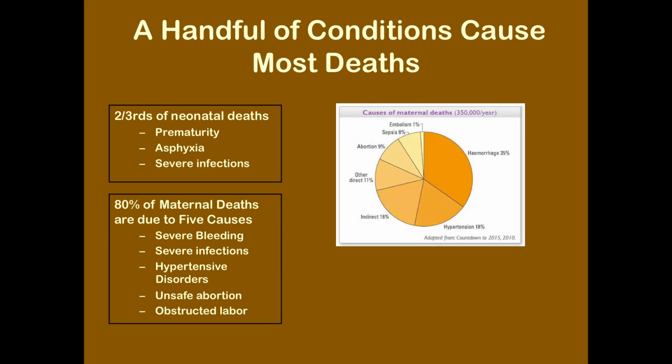Similarly, about 80% of maternal deaths are caused by just 5 direct causes: severe bleeding or postpartum hemorrhage, severe infections, hypertensive disorders of pregnancy, unsafe abortion, and obstructed labor. I think it's extremely important that we focus on these causes of death in these 2 age groups, simply because unlike improving child survival, improving maternal and neonatal survival is not something that is immediately amenable to low-tech, low-resource, low-skilled, community-based interventions.